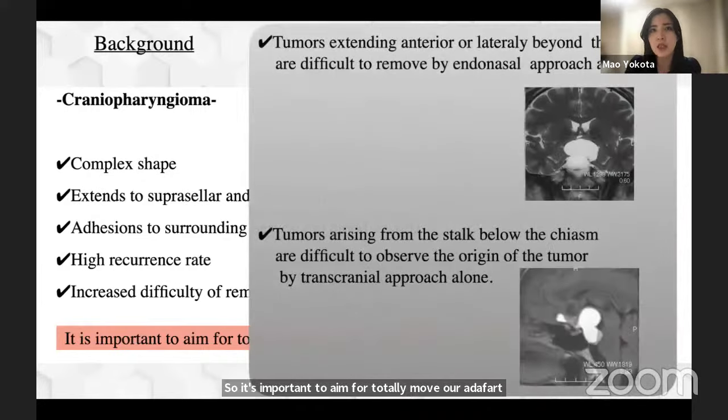But sometimes it extends anteriorly or laterally beyond the ICA. It's difficult to remove it safely by an endonasal approach alone. But through a transcranial approach, it's difficult to observe the stalk below the chiasm, the origin of the tumor. So for complex multilobular craniopharyngiomas, it's difficult to remove them all through one corridor.